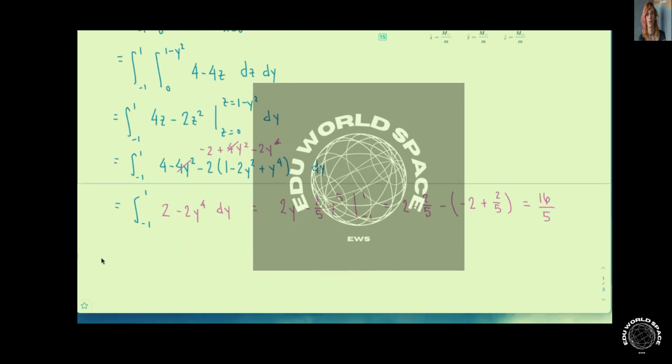All right, now we're going to calculate the center of mass. So the x coordinate is 1 over the mass, so 5 over 16 times the integral over the region of x times the density. Okay, so it's going to be a very similar calculation to above. So instead of doing it by hand, we'll do it with the calculator.